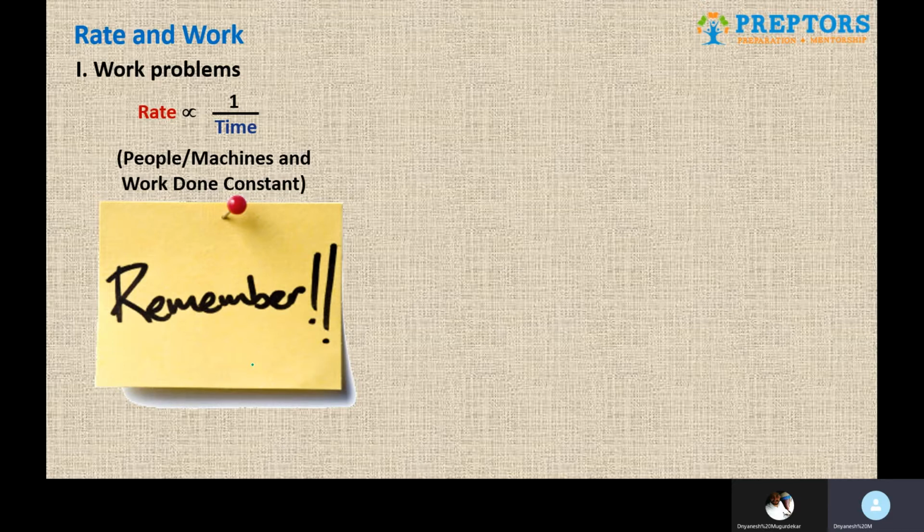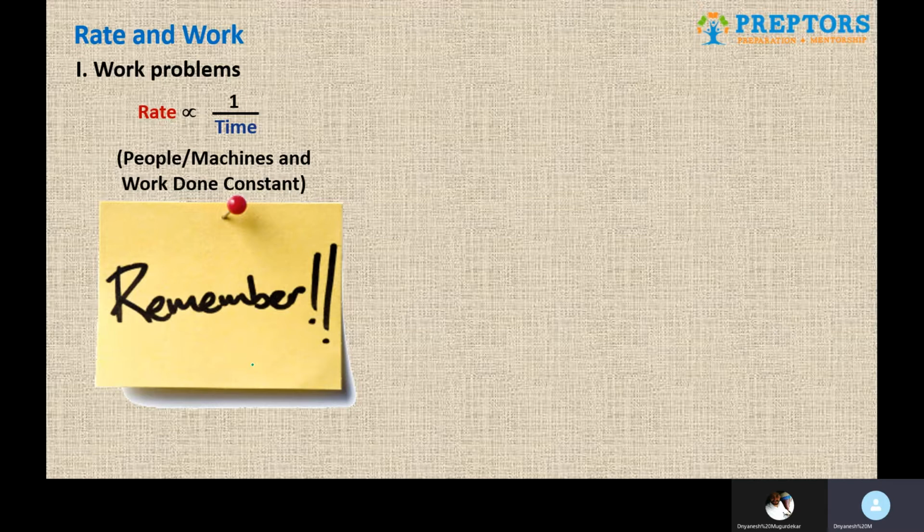If the workers start working more hours, obviously the job gets done earlier. That means if I increase the rate, time taken is less, and hence they are inversely proportional. And vice versa is true. If I slow down the workers, if they work only for fewer hours, obviously the time taken to finish the job will increase. The job will get delayed.